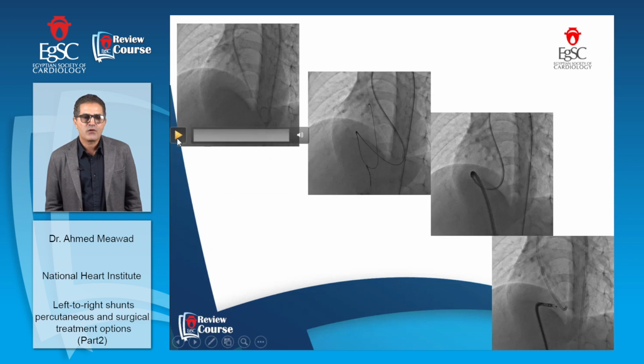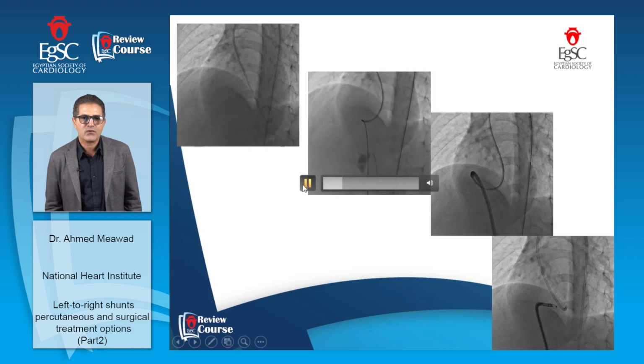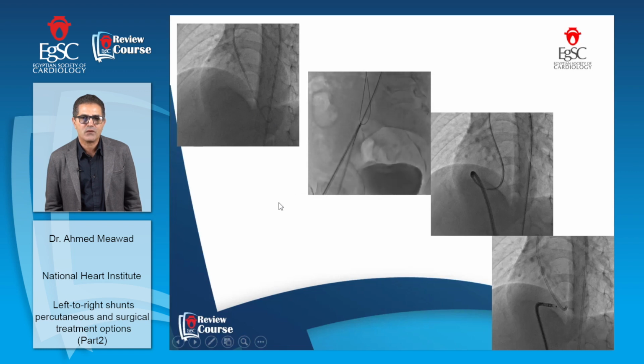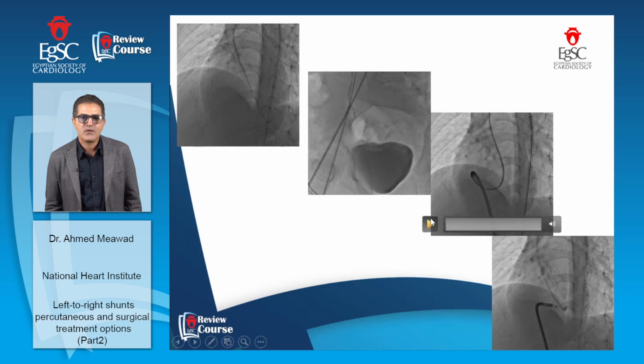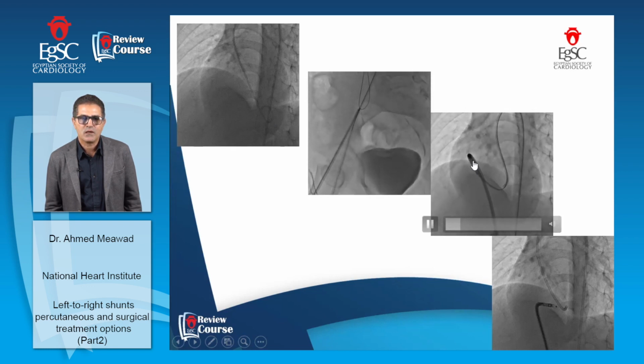This is the procedure of how we close the muscular VSD. We do an angiogram to demonstrate the VSD. We calculate the diameter, and then we cross from the left side to the right side, and we snare from the right side, creating what is known as an arteriovenous loop. From the venous side, over this loop, we introduce the sheath.